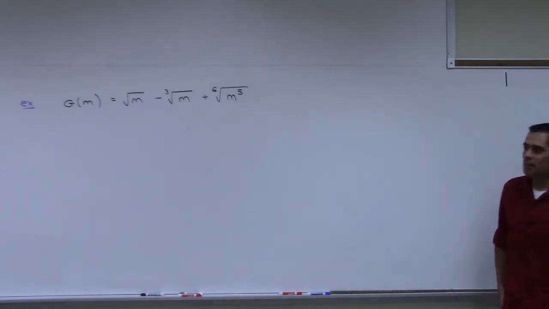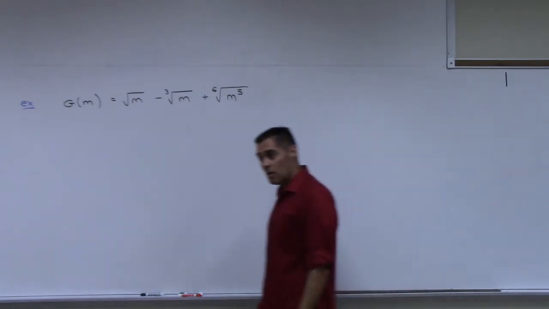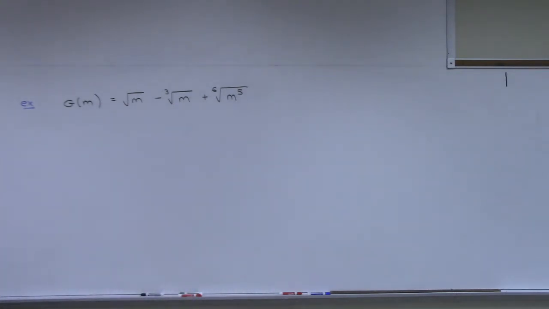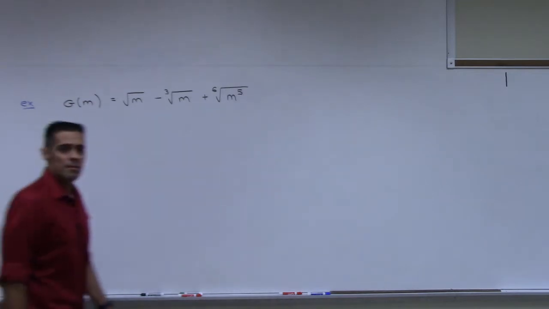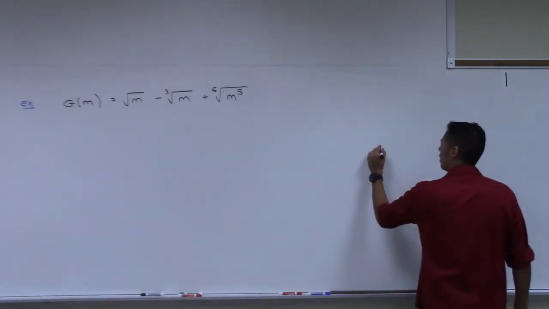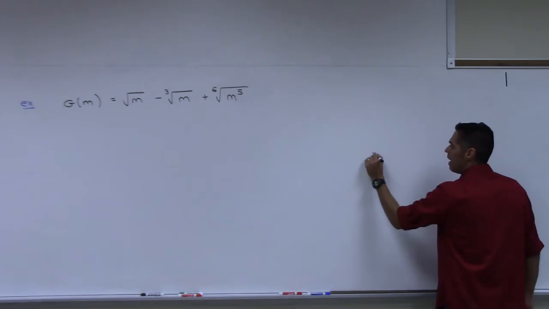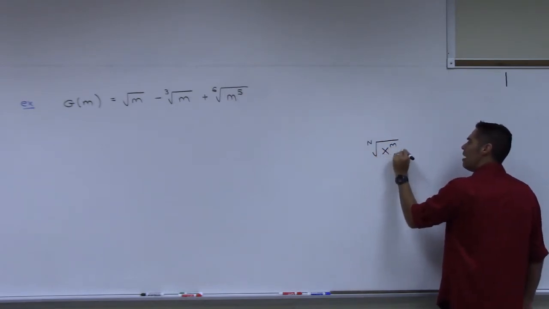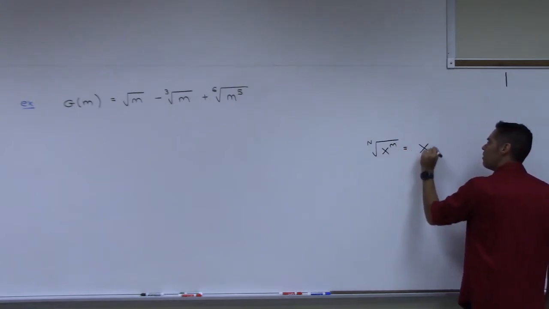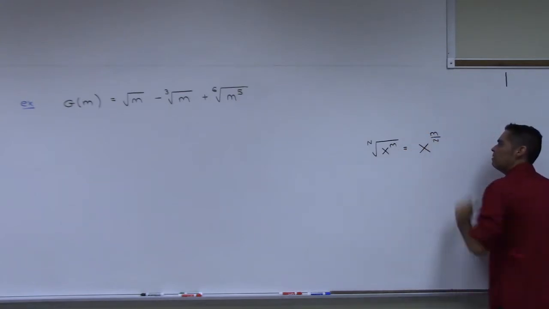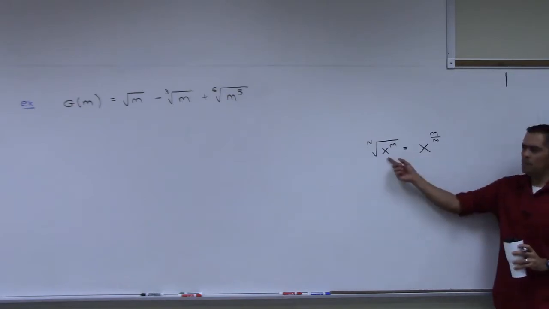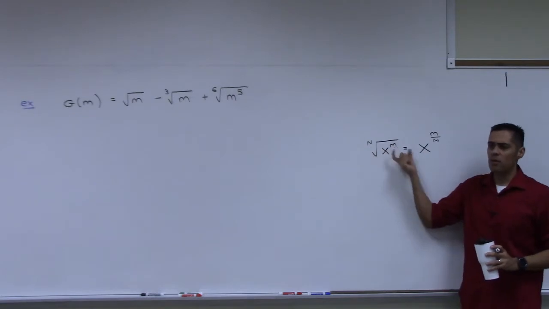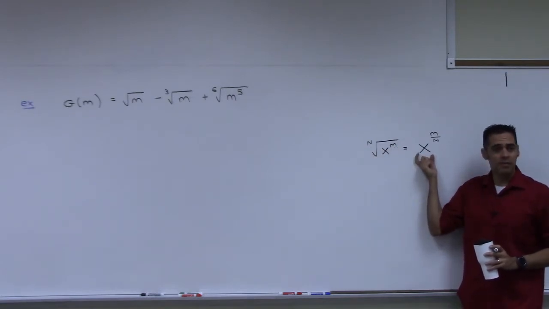Now this is ugly, but I'm doing this because I want to make sure we all understand how to handle a root. Before I go about this, I want to remind you how roots work. I talked about this in the very beginning of class: if you have the nth root of x to the mth power, this is the same as x raised to the m over n. Do y'all remember me putting this up? Anytime you have roots, you can convert them to rational exponents.